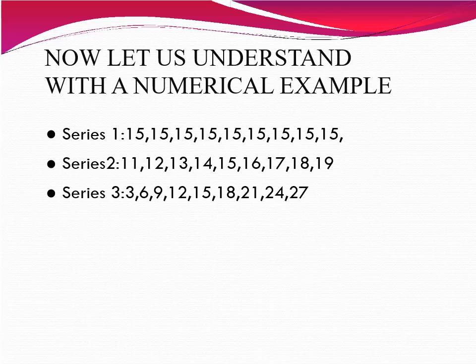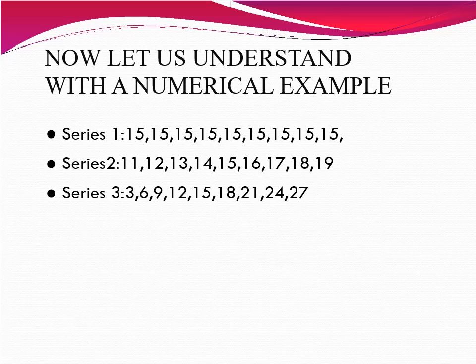Arithmetic mean and median in all the series are same, that is 15. Now let us apply the formula orally and understand. What is the formula for arithmetic mean of individual series? Summation of x divided by number of items. So now we sum the first series, 15 plus 15 plus 15 for 9 times, divided by 9.